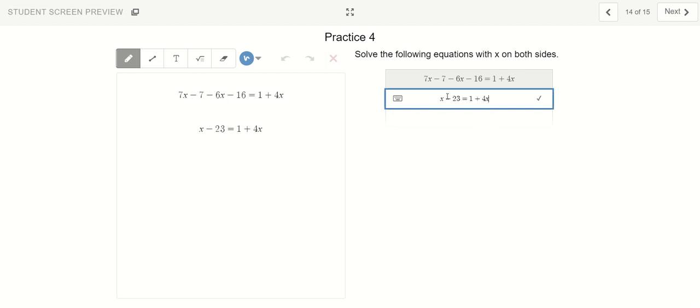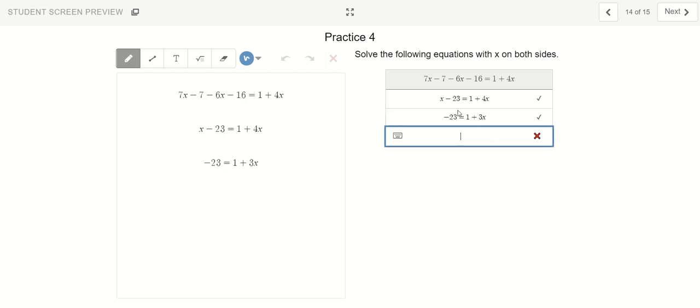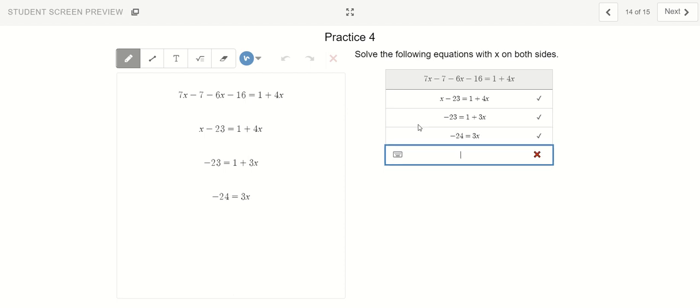Let's get rid of this x, minus an x on both sides. Negative 23 equals 1 plus 3x, sorry. All right, let's get rid of this positive 1 by minusing 1 on both sides. So again, 23 negatives and 1 more negative is going to be negative 24. And finally, we can divide both sides by 3.